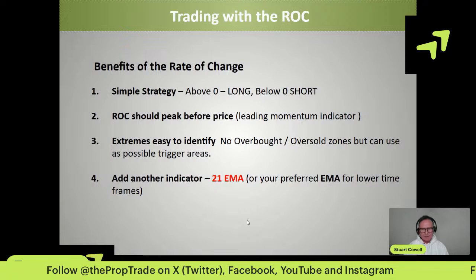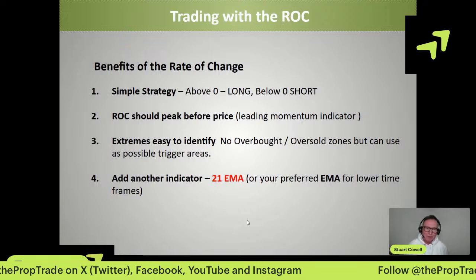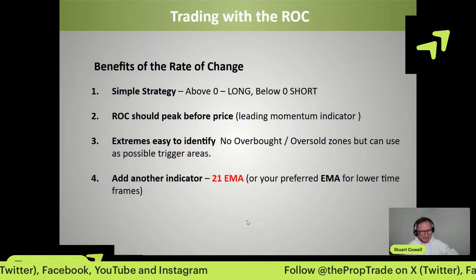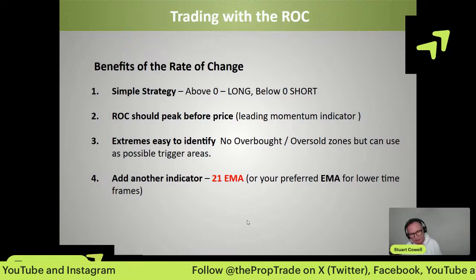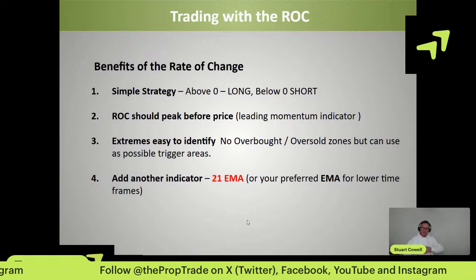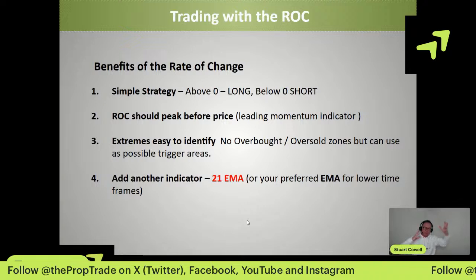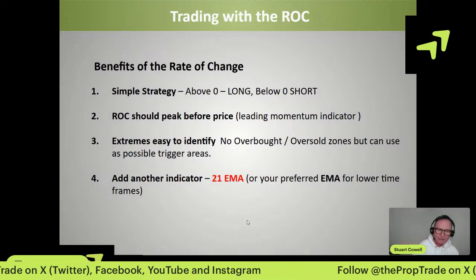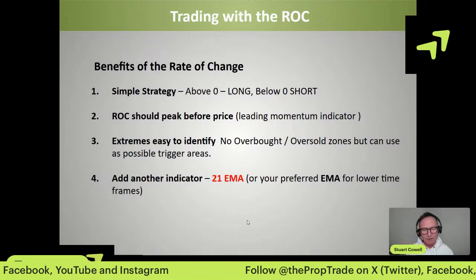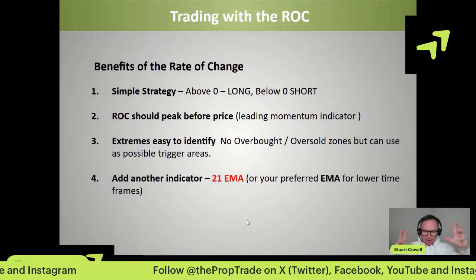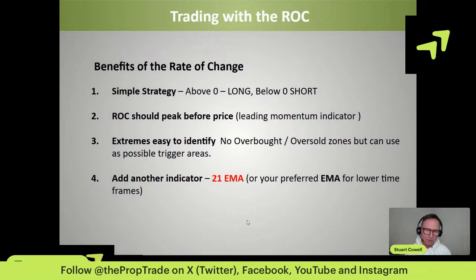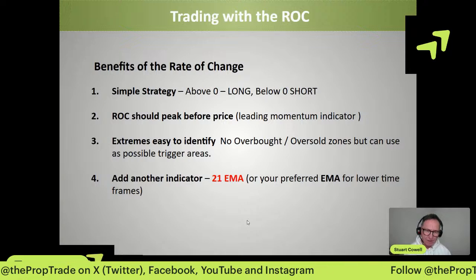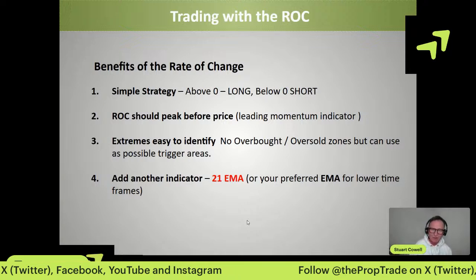The key thing is that the rate of change should peak before the price action, so it's a leading momentum indicator. Again, there's no concept of overbought or oversold really with the rate of change. We've just got these high areas, and again, it shouldn't really be used on its own.